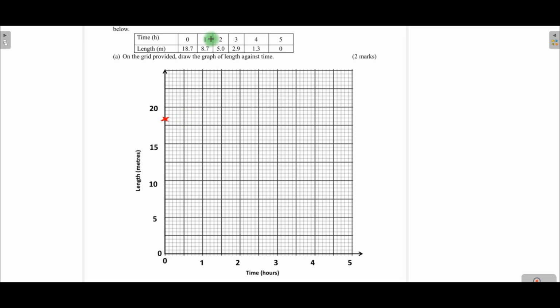Then when time is 1, length is 8.7. So at this point here we have 5, then 6, 7, 8. Then we have roughly at this point, here it is.